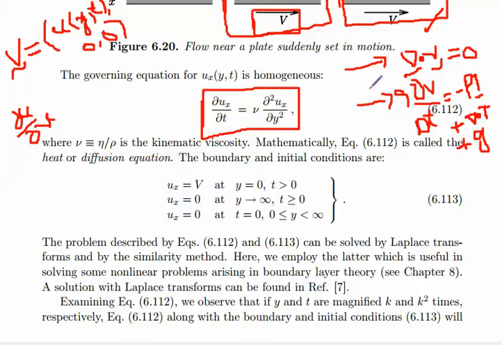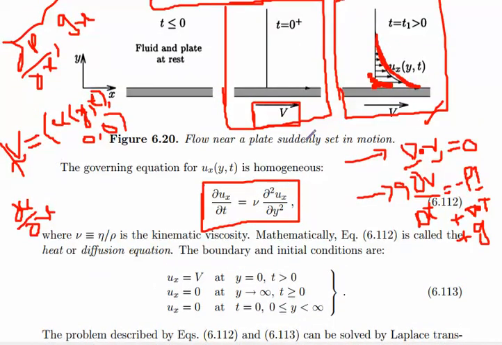So once you apply all this velocity profile on the governing equations, on the conservation of momentum, we will have exactly this form, and this is called the second order partial differential equation, in which u is a function of x and t. The derivative of u with respect to t is equal to nu times the second derivative of u, where nu is equal to mu by rho, the ratio of the coefficient of viscosity and the density, called the kinematic viscosity of the fluid.